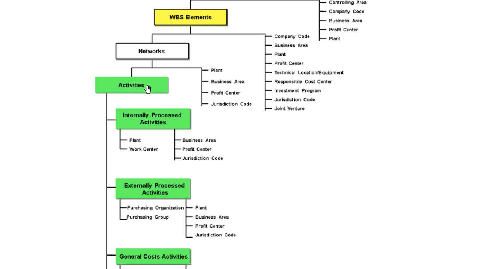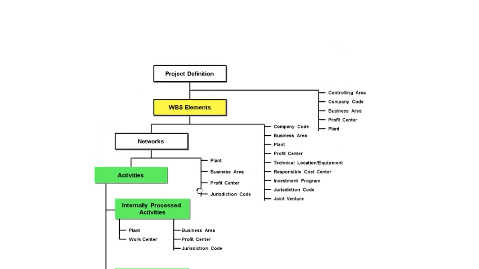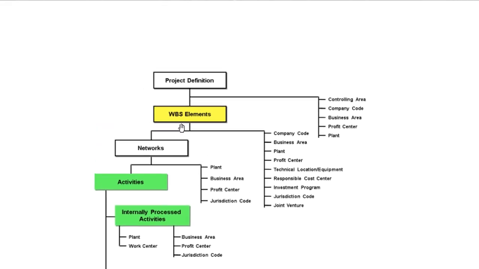There will not be just one activity under a network; there can be multiple activities under a network. And it's not that only one network will be under a WBS element; there can be multiple networks. Similarly, there can be multiple WBS elements under a project. If we consider it level-wise, the first level is the project definition, the second level the WBS element, the third level the network, and the fourth level the activities.